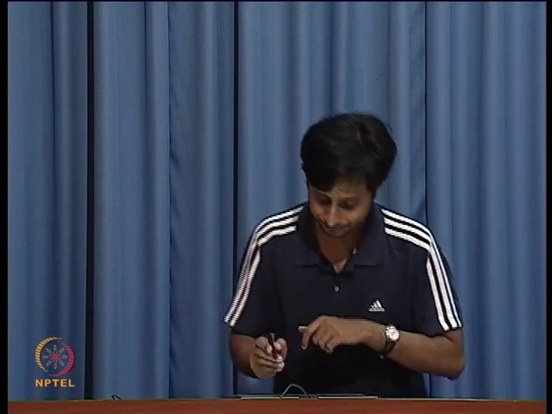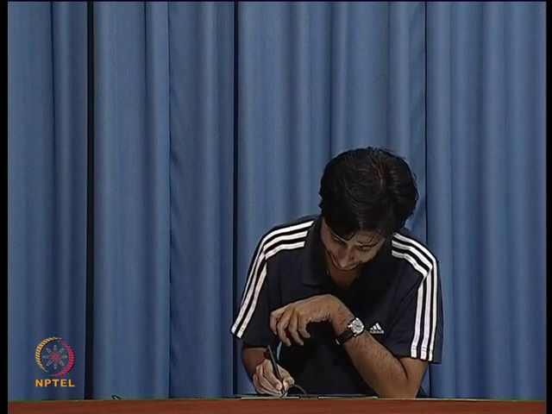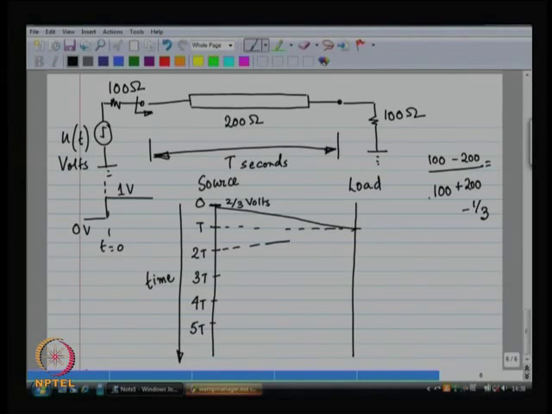Do not be surprised with negative numbers. So, what is going to happen is, this 2/3 volts wave is going to hit the load, and minus 1 by 3 is going to be reflected back from the load.